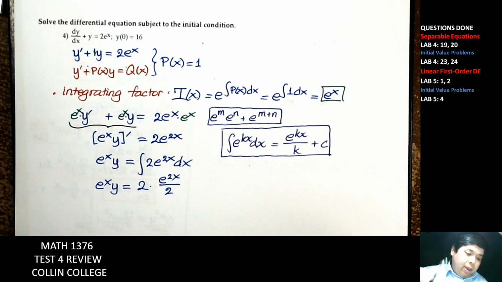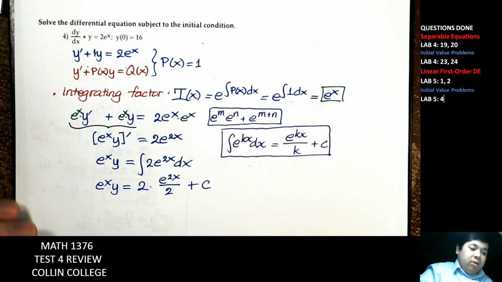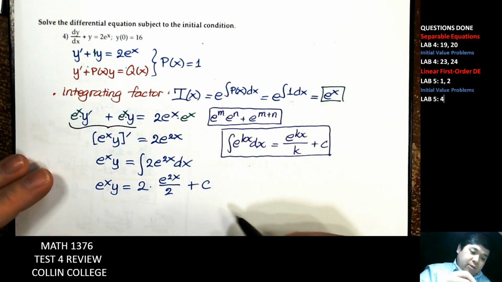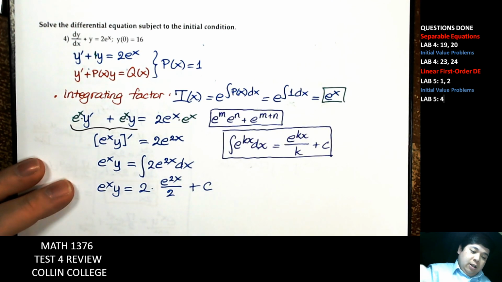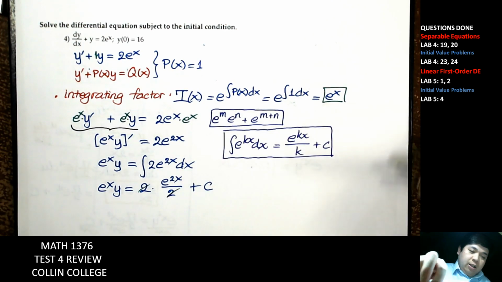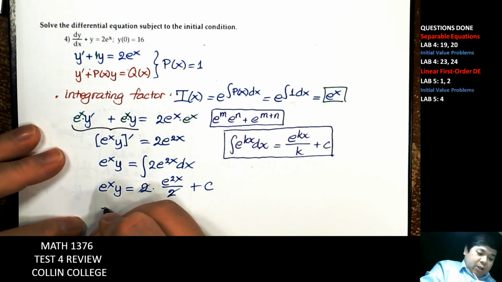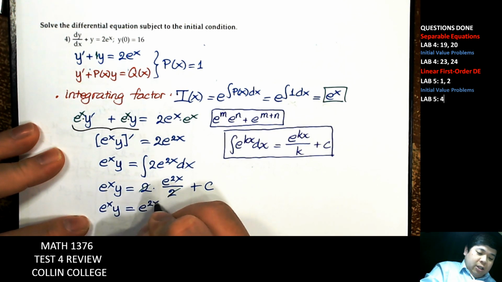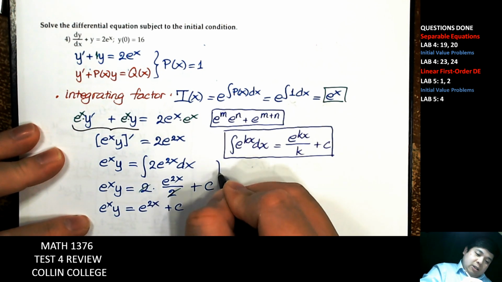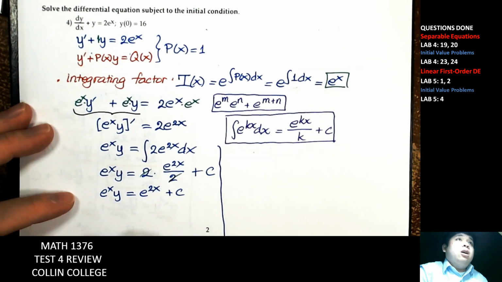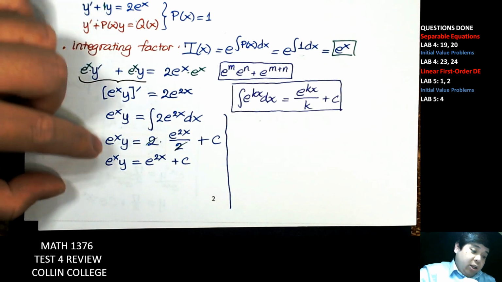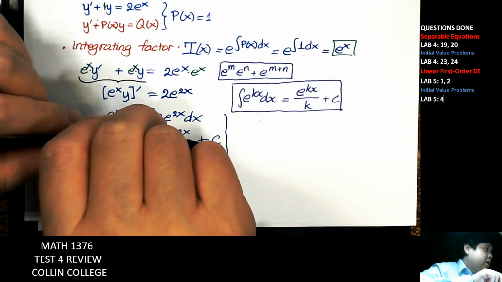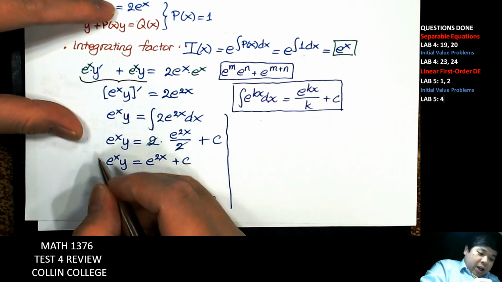Plus a constant, of course. That cancels, and we have e to the x times y equal to e to the 2x plus c. This problem is longer than I thought. Next, to get back to y, we divide both sides by e to the x.